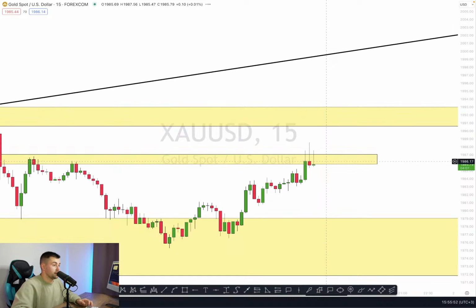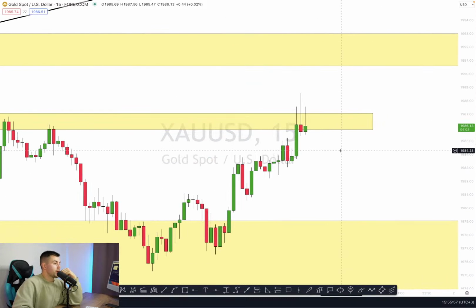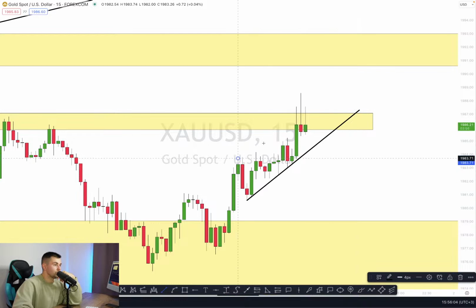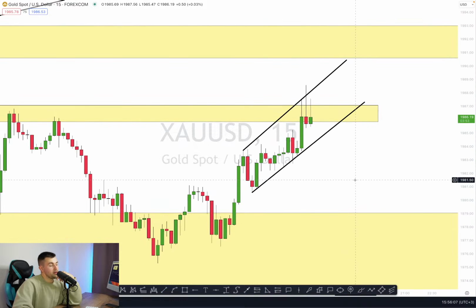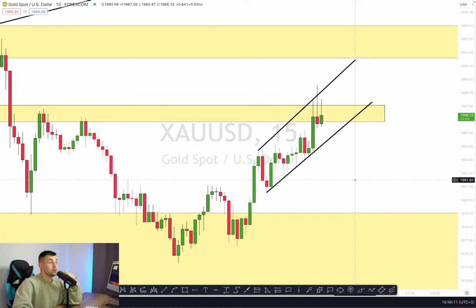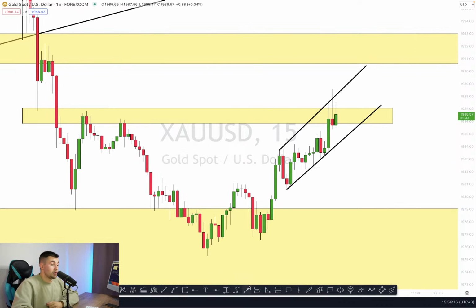Then 15 minutes time frame. More clues on 15 minutes time frame. I guess, cheaters, we can spot here the pattern. Yes, we have here the rising channel. And that channel you can actually apply for trading. So your bearish scalping confirmation will be the breakout of the support of the channel.